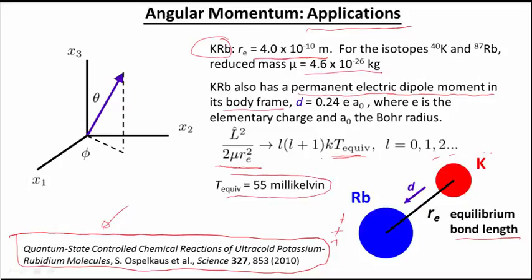And so you can see that this equivalent temperature, which is basically half the distance between the L equals 0 and the L equals 1 rotational state, is equivalent to 55 millikelvin. Very low temperature, much colder than liquid helium, for example.